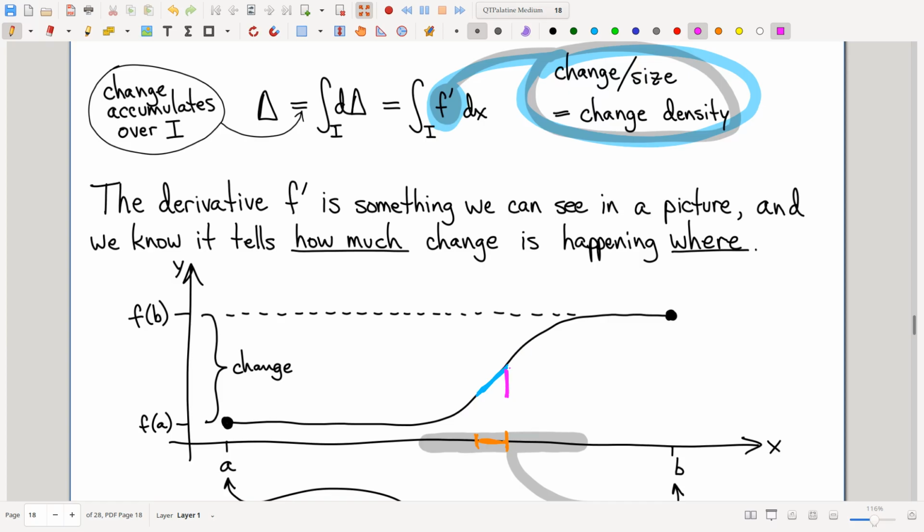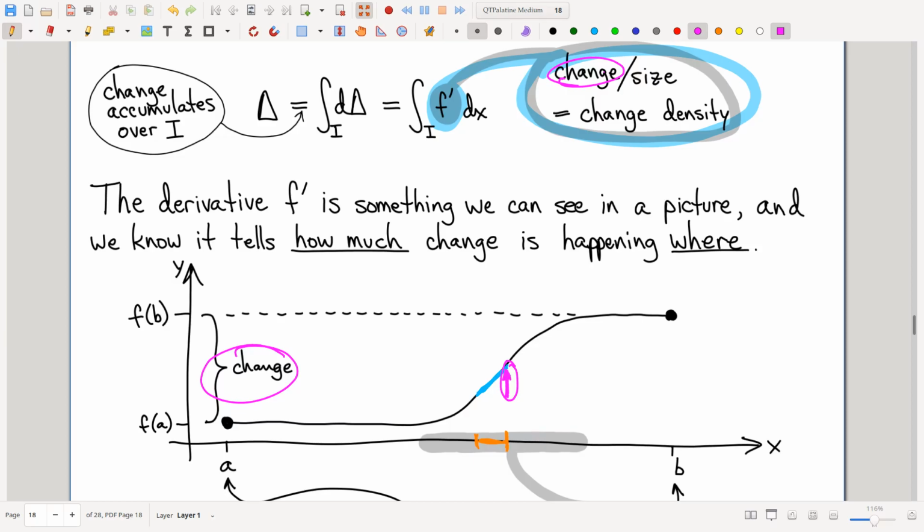And I'm going to think of that as representing how much the function is increasing. That's a little piece of change. When we say rise over the run, the rise is representing some part of the total amount of change that we witness on the boundary. So it's a piece of this accumulating quantity called change.